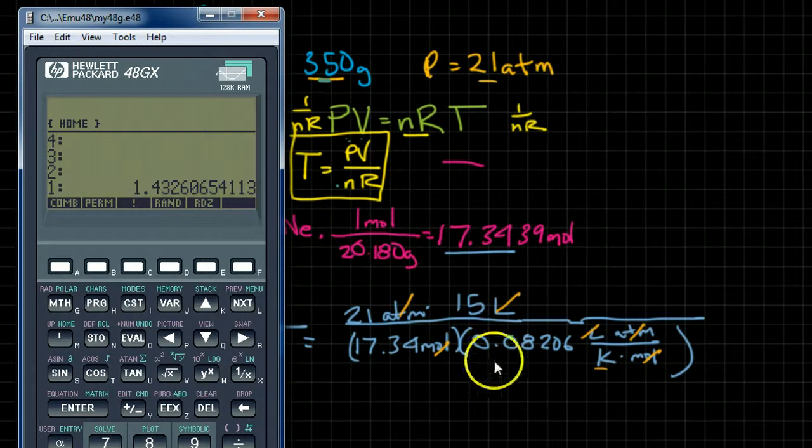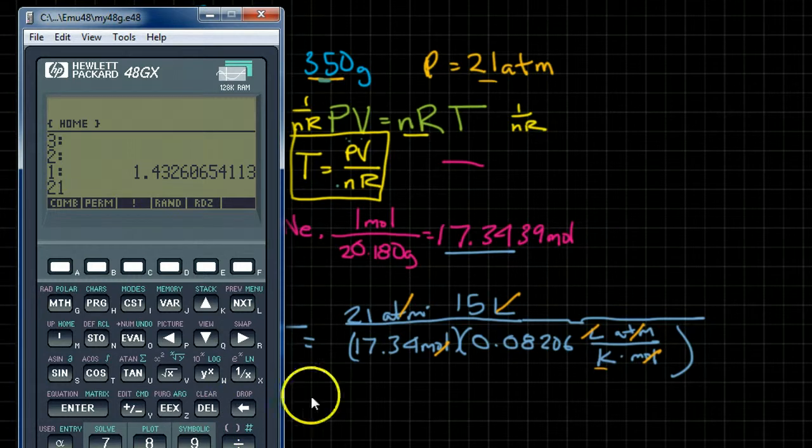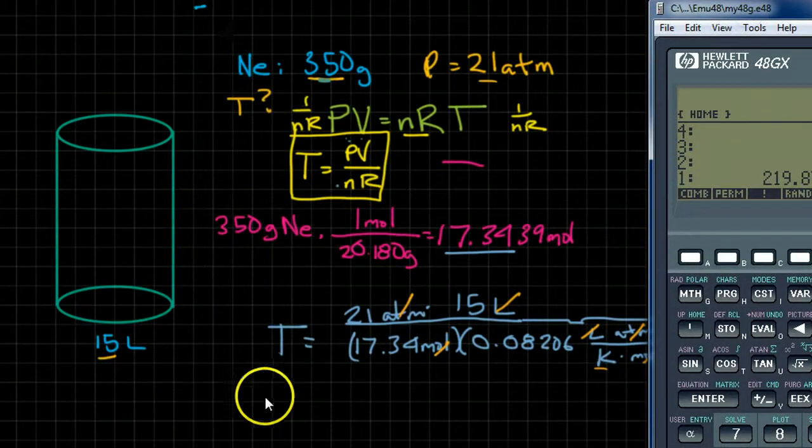That's my denominator. Now I'm going to say 21 times 15. That's my numerator. So I better flip them before I do the division. And I divide that, and I get 219.